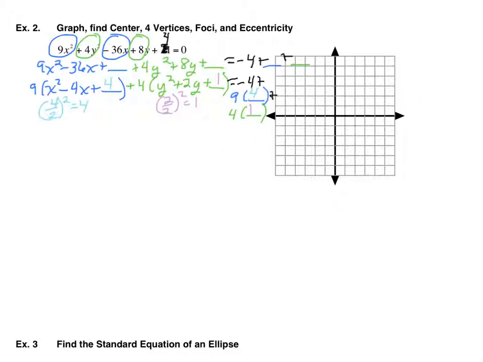So we've got 9 parentheses squared. Then you're going to take the square root of your bookends. Square root of x squared and square root of 4 are x and 2. So I get an x and a 2. What's the sign in the middle? Whatever the sign of your middle term is, that's the sign that goes in the middle. So we have a minus.